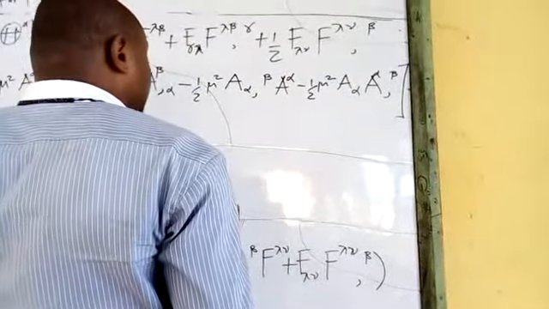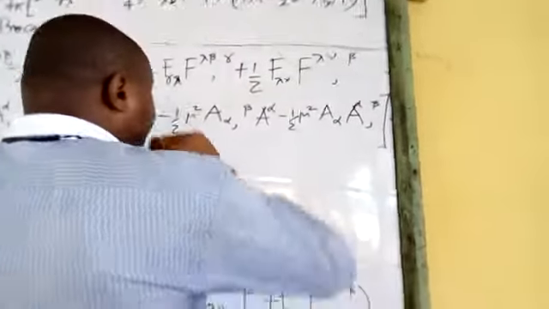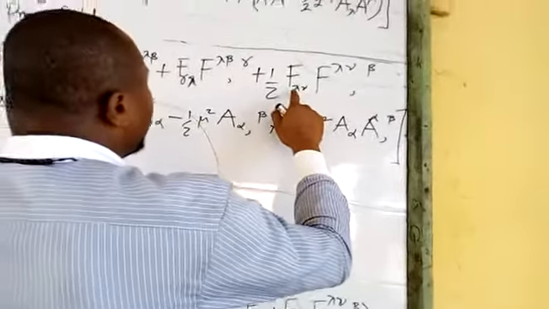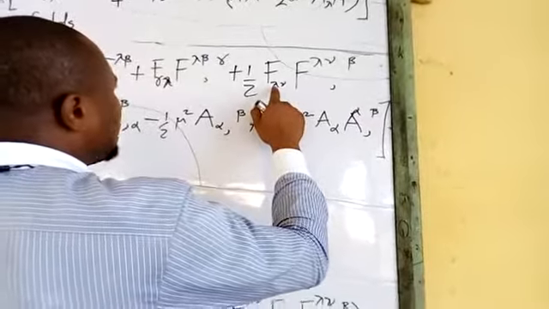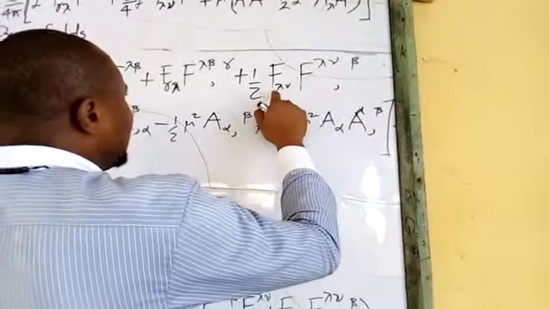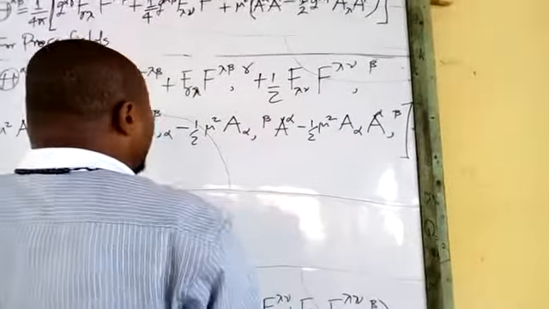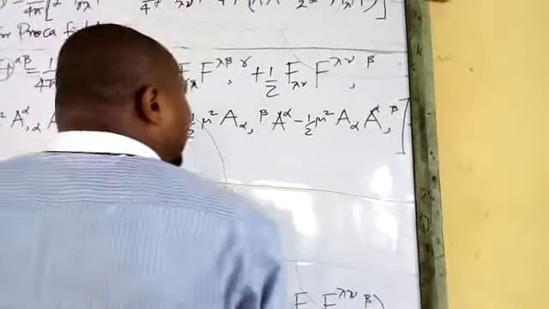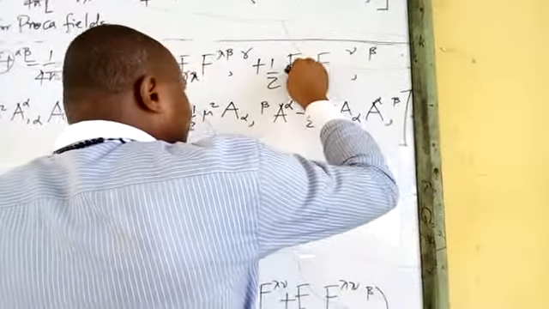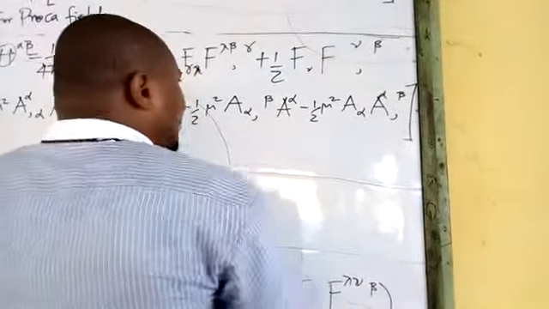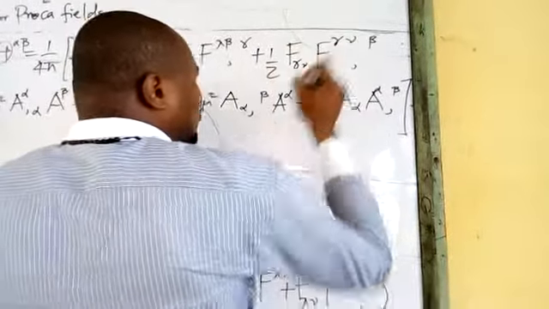First of all, you can see that I can decide, for instance, to change this lambda everywhere to gamma. Yeah, I can decide to do that because it's just a dummy index. I can change that to gamma, and this is what I'll have.